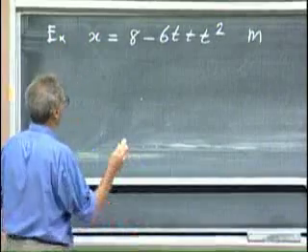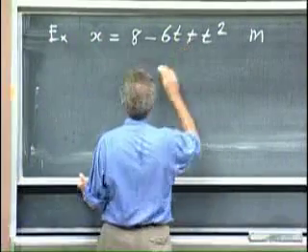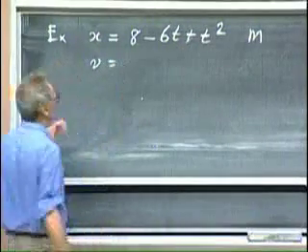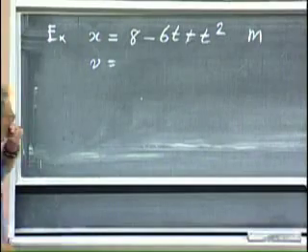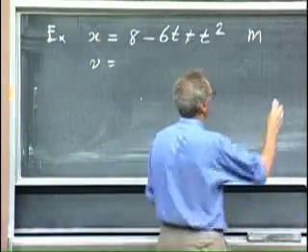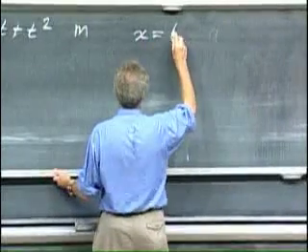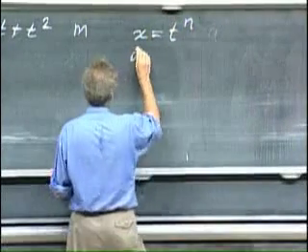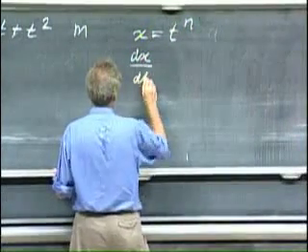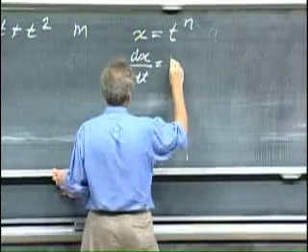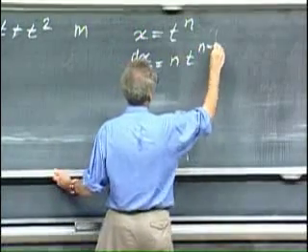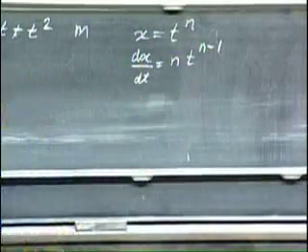What now is the velocity at any moment in time? Well, that's the derivative, dx/dt. And I use the following: x equals t to the power n. Then, as most of you should know, dx/dt is then n times t to the power n minus 1. That's all I'm using.